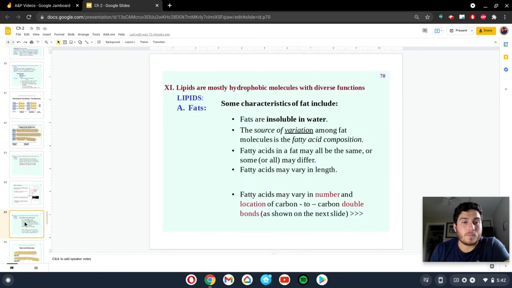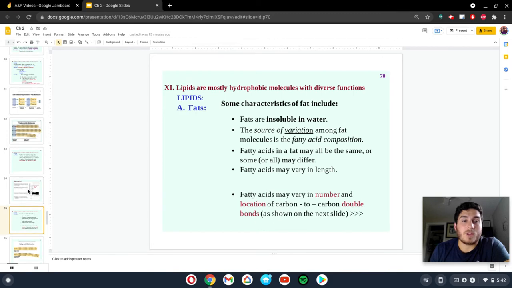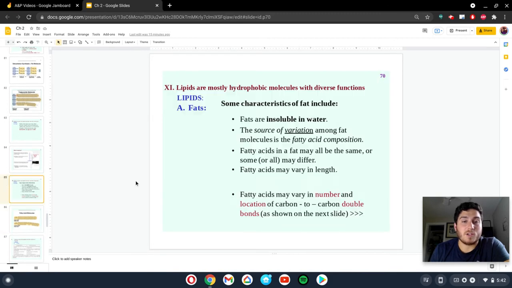That said, some characteristics, as mentioned, they are insoluble in water. The source of variation among them is their fatty acid composition, so that's what it depends on. Fatty acids in a fat may be all the same. Some can change. They can vary in length. They can vary in the number and location of carbons, and that's another important thing.